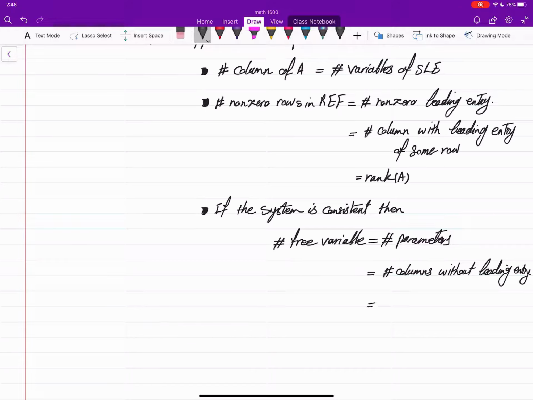But we know that the number of columns with leading entry is the rank. Now the number of columns without leading entry is going to be the total number of columns minus the number of columns with leading entry.